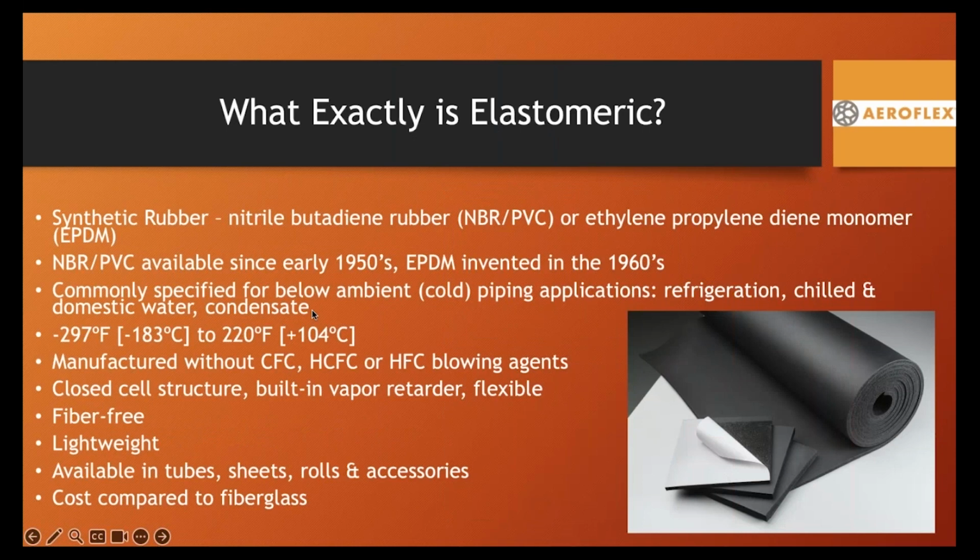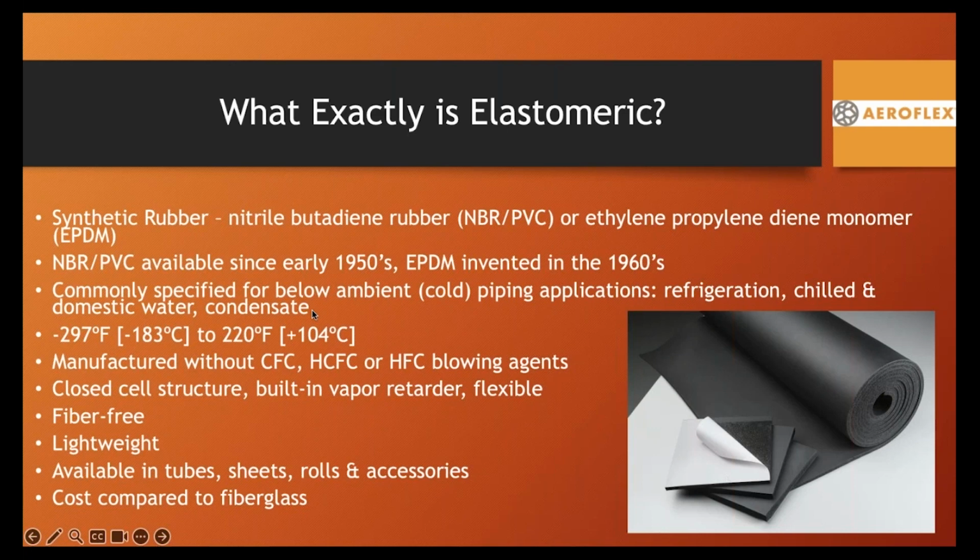What exactly is elastomeric? It is simply a synthetic or man-made rubber. Two types are utilized in our industry. One is NBR/PVC for short, and the other is EPDM.